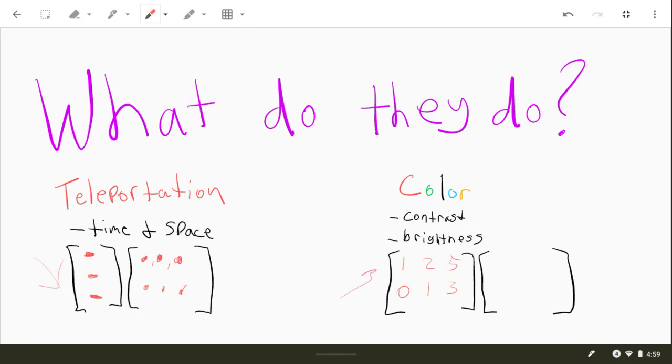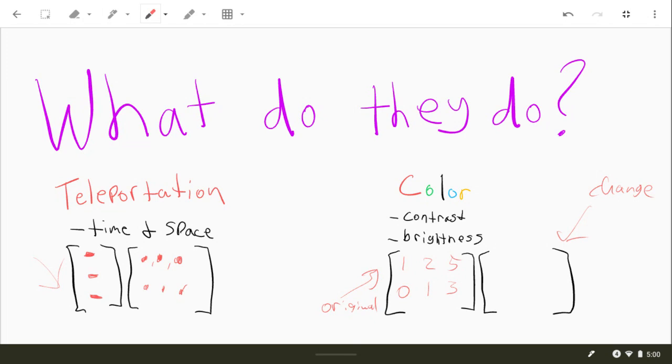This would represent the original color of something. And this second matrix over here might represent how you want to change the original color. What you would do is multiply those two matrices, and that would give you a numerical representation of the new color.